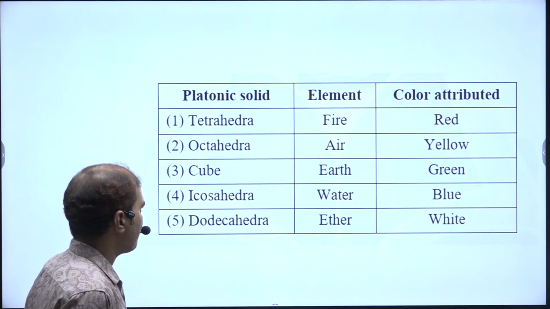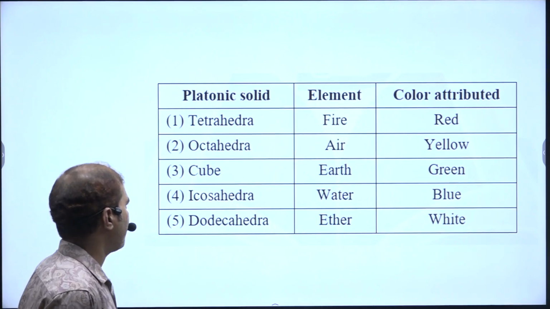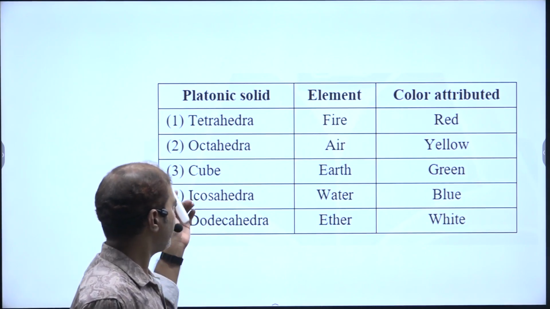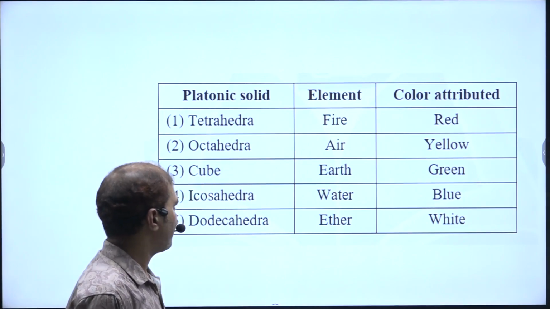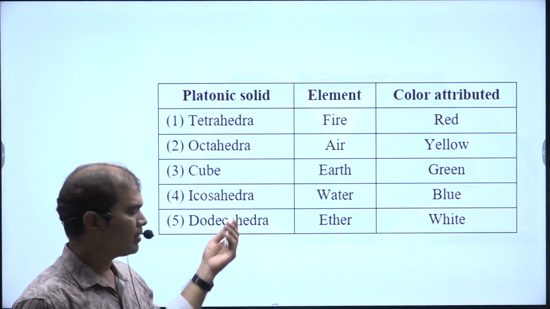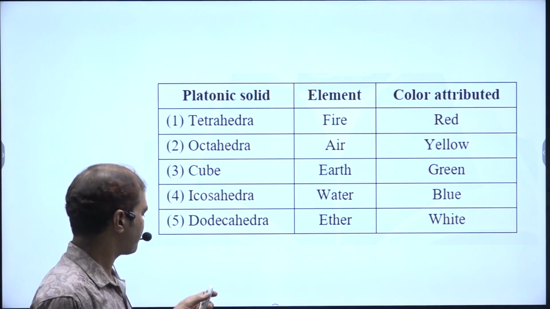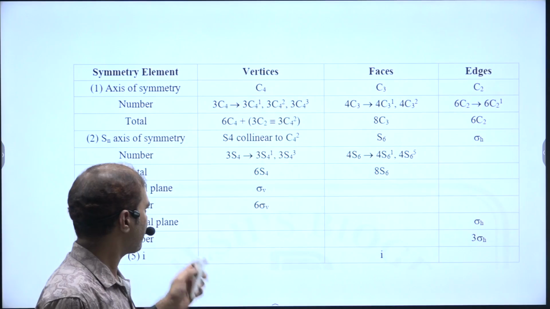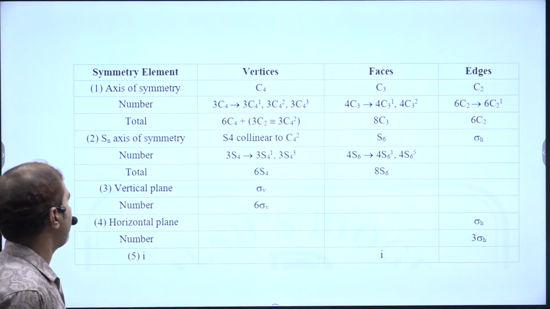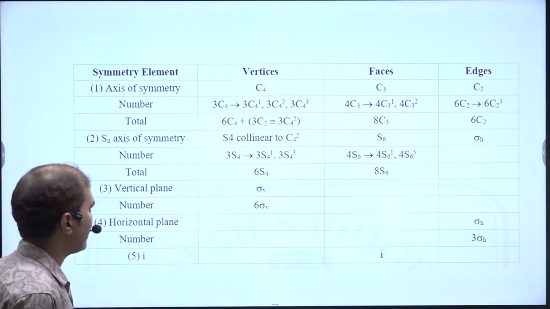Platonic solids have also been discussed: tetrahedron, octahedron, cube, icosahedron and dodecahedron, and there is a beautiful correlation given for these Platonic solids related to the elements, as proposed by the philosopher Plato. I am just showing one slide. Here I have given all the symmetry elements and where they are passing from.